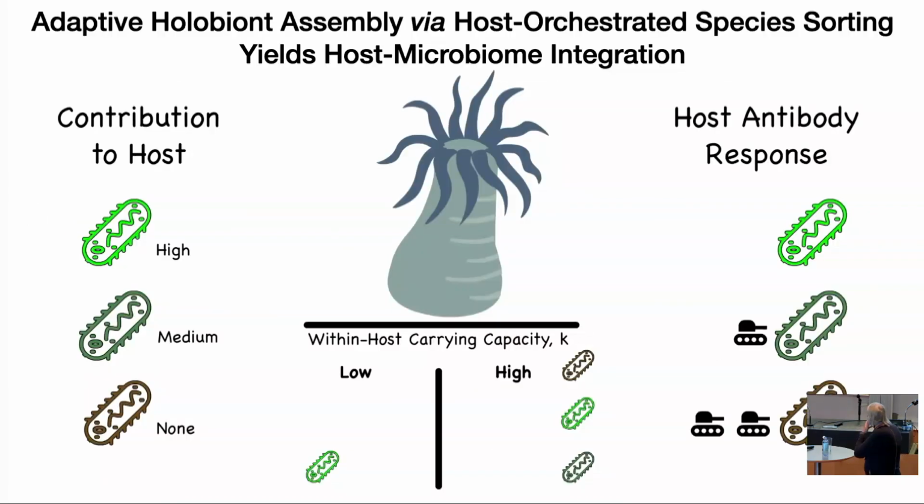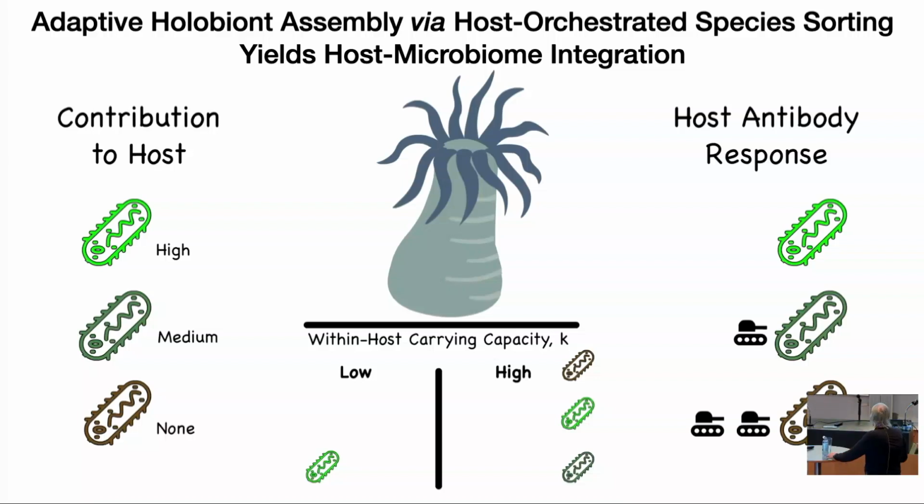So I've suggested instead that there's another type of process, which I think some of you have alluded to in your own studies, which is that an alternative hypothesis would be that we have a kind of adaptive assembly going on, which I've named host-orchestrated species sorting, drawing on the terminology in microbiology about the microbes are everywhere and the environment selects.